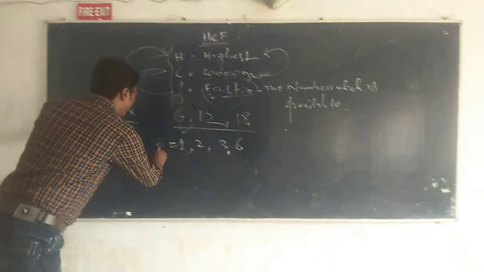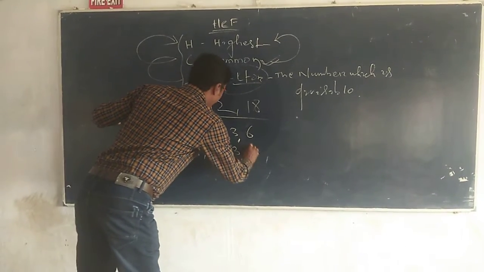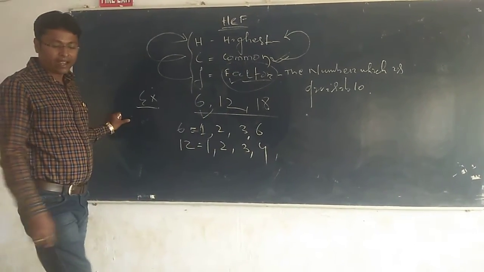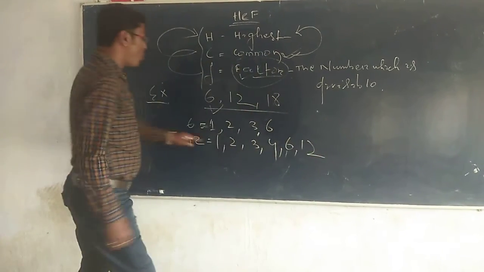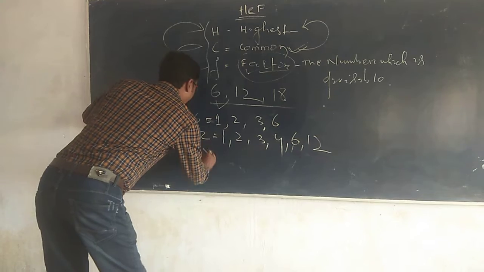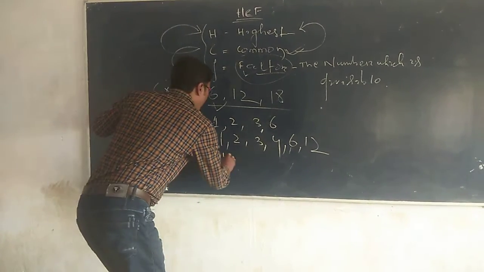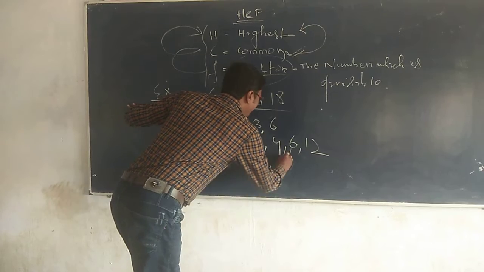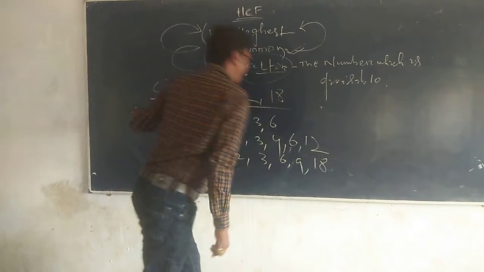Now 12: in the same way, 1, 2, 3, 4, 6 and 12. And 18, what are the factors of 18? 1, 2, 3, 6, then 9, then 18.